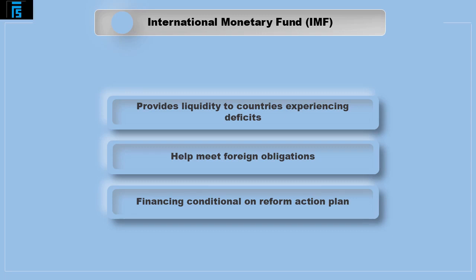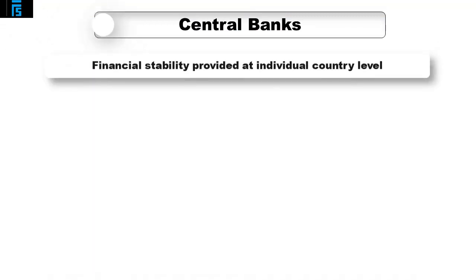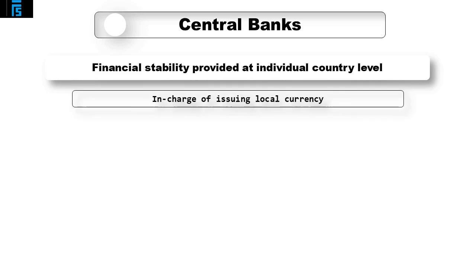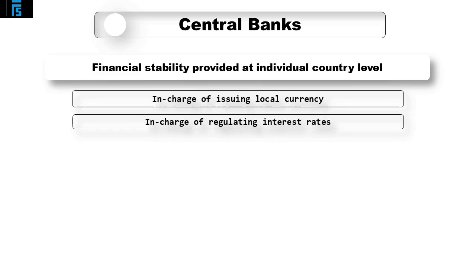Supranational institutions like the World Bank and the IMF obviously increase the stability of the global financial system. At the individual country level, financial stability is provided by central banks, who are among others in charge of issuing the local currency and regulating the level of interest rates.